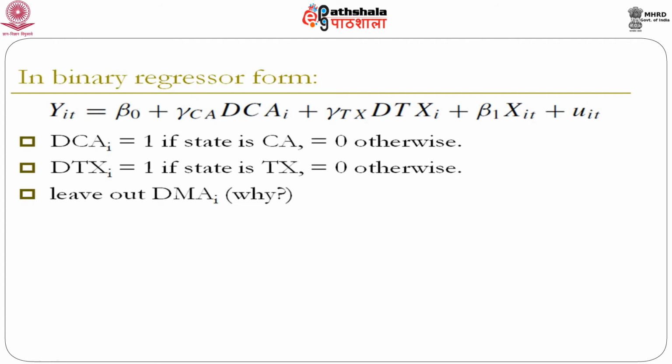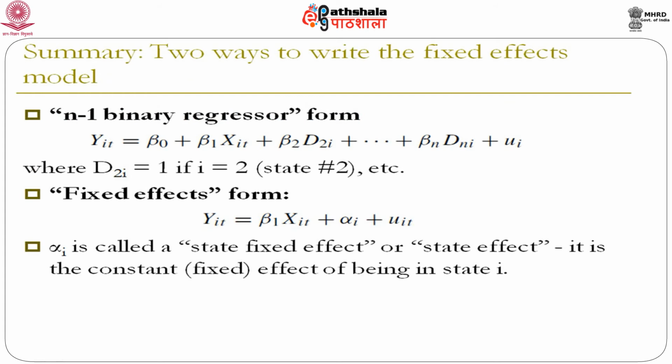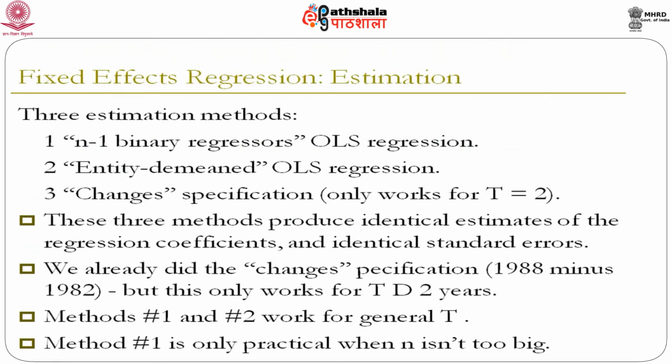So you have 2 dummies, one for California, another for Texas, and you have to leave out the dummy variable for Massachusetts in order to avoid the dummy variable trap. So here you can have the fixed effect form, where alpha_i is called the state specific effect or state effect. It is a constant fixed effect for state i. So, we come to the fixed effect regression estimation.